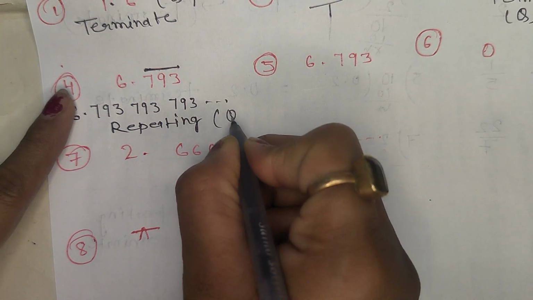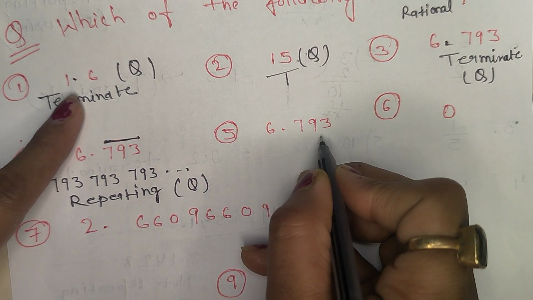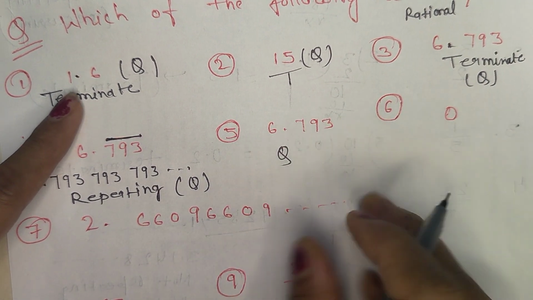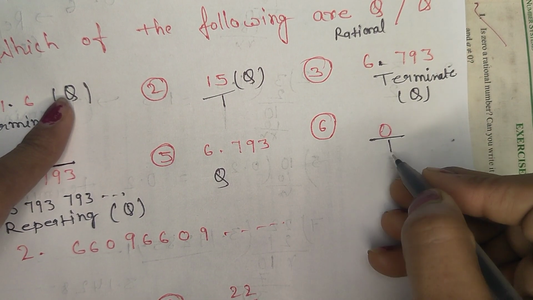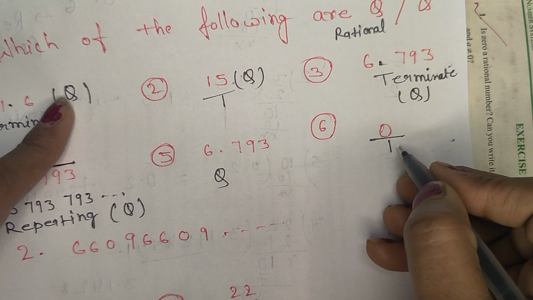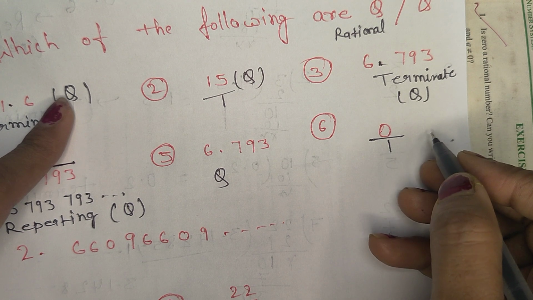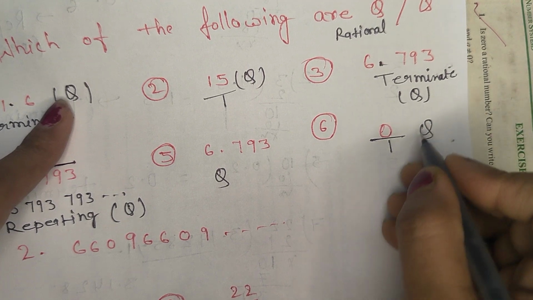So this is also a rational number. And 0 we can write as 0 upon 1, in p by q form, where p and q are integers and q is not equal to 0, so it is also rational.